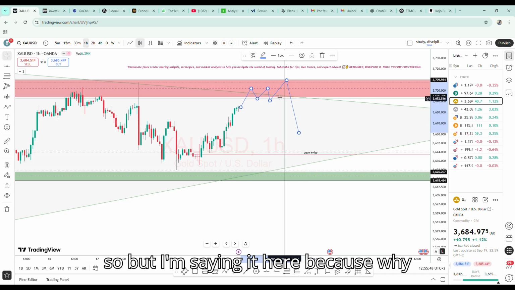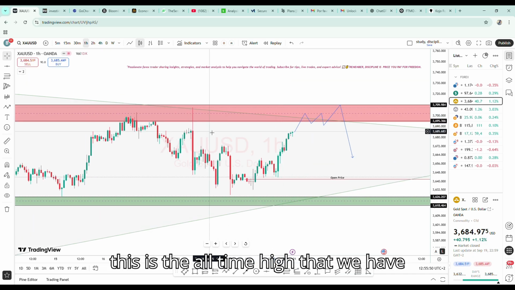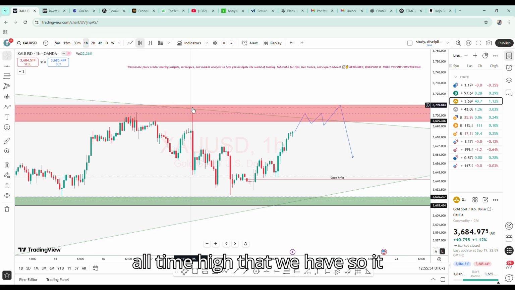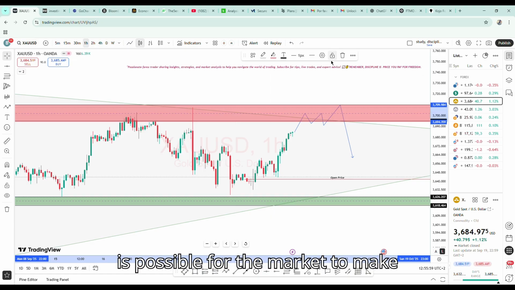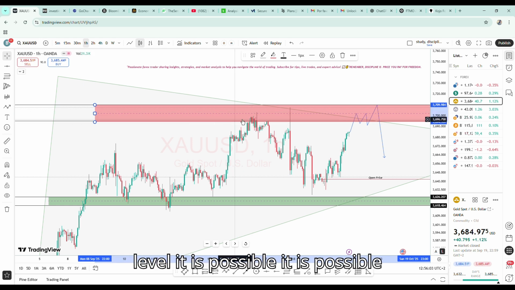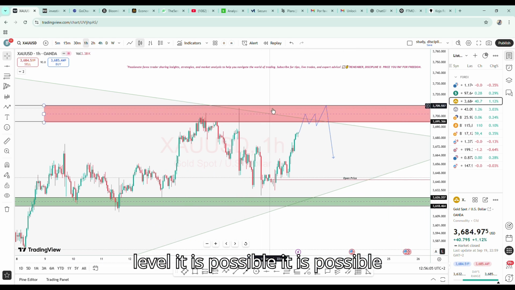But I'm saying it here because this is the all-time high that we have on the gold chart for now. So it is possible for the market to make a reversal from this level. It is possible.